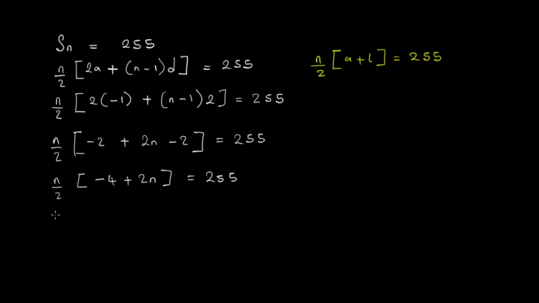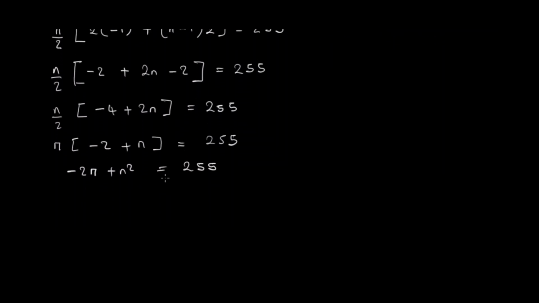Zvaonekwa here? Yes, sir. 2 anopinda muna minus 4 akaita minus 2. 2 akapinda muna 2n zvikachekana tikasara na n. Saka minus 2n and plus n squared is equal to 255.